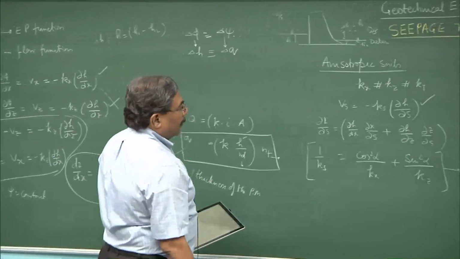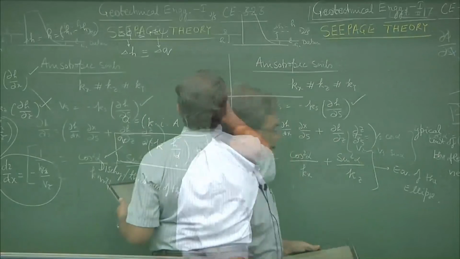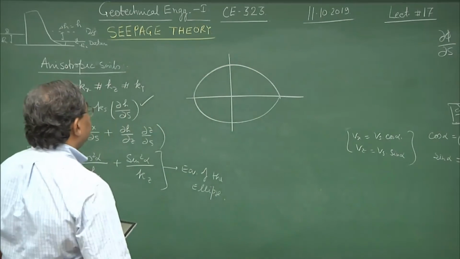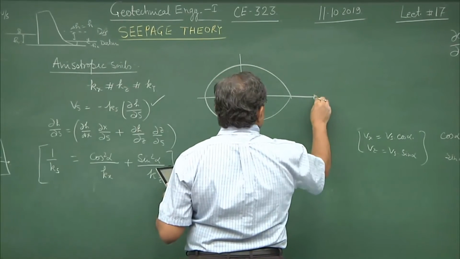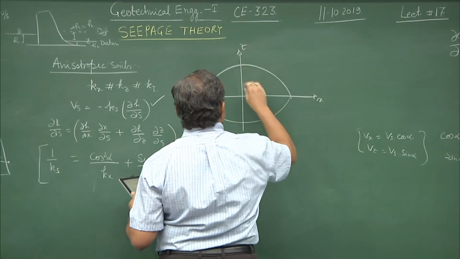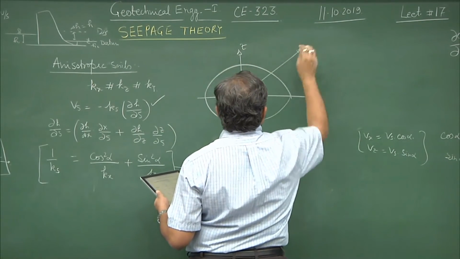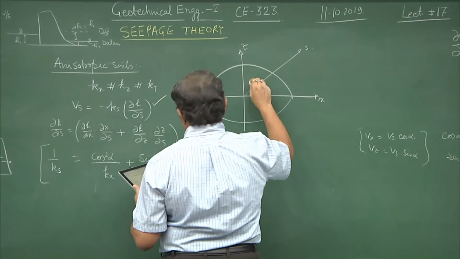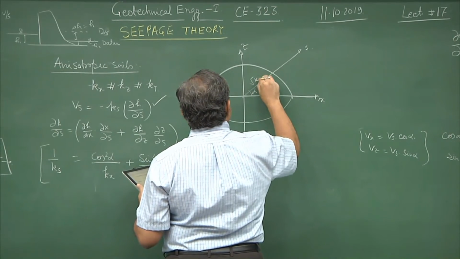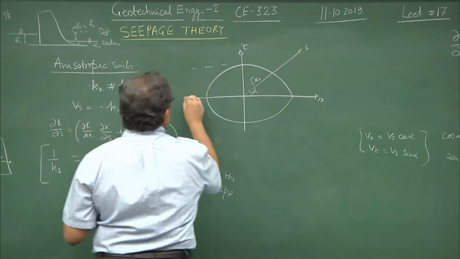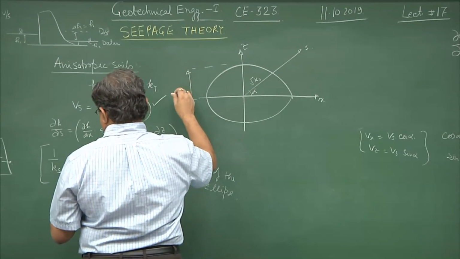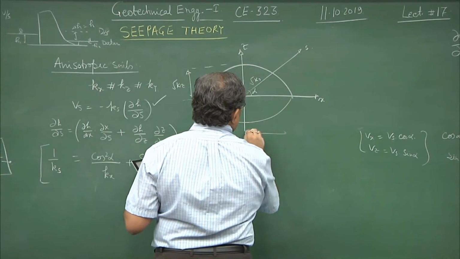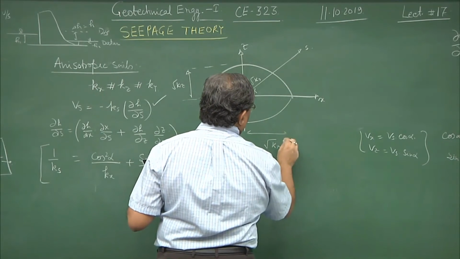And if I ask you to draw the ellipse, if this is the x direction, z direction, this is the s direction, this is the alpha term, this is under root of k s, this is under root of k z, and this is under root of k x.